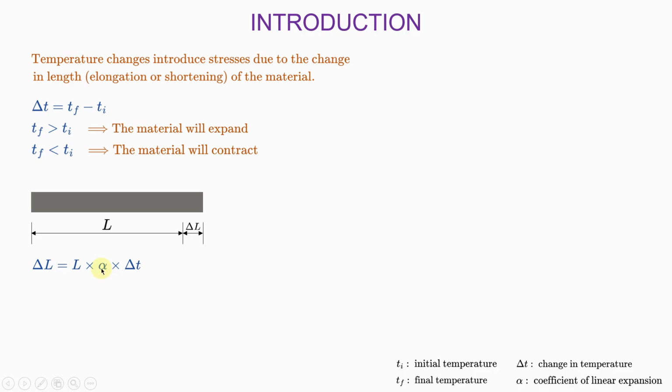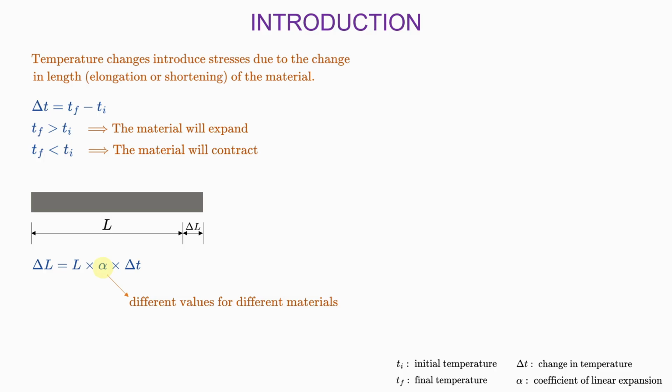Now, this alpha depends on the material that you are dealing with. What I am saying is that alpha will have different values for different materials. For instance, copper will stretch more for the same change in temperature than steel will, okay? And so therefore alpha for copper is bigger than alpha for steel, okay?